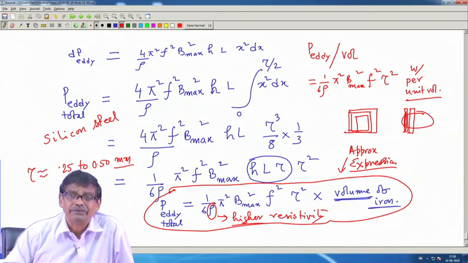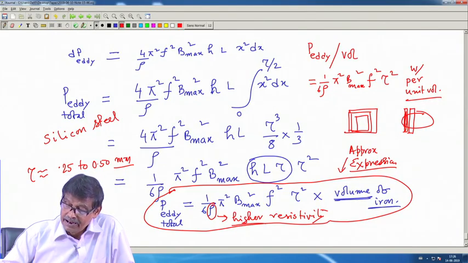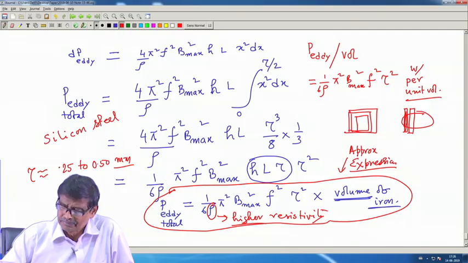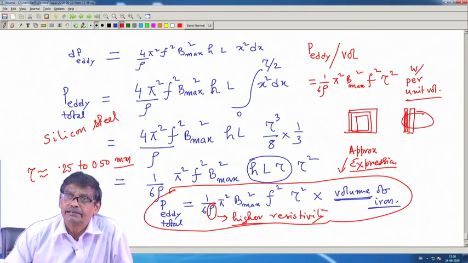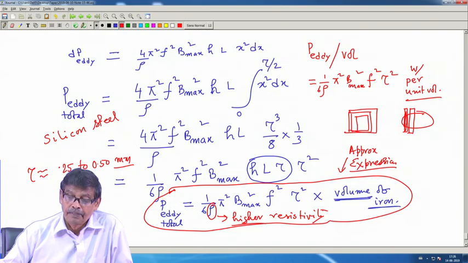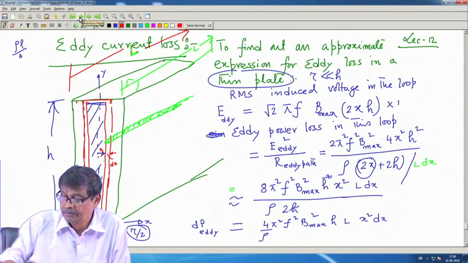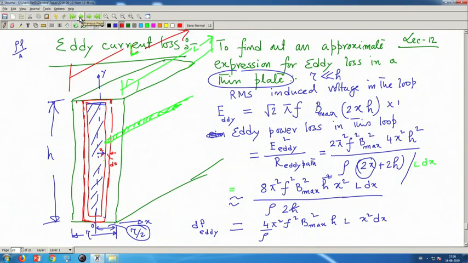And also try not to use too high a Bmax, which will also reduce it. And remember, it is proportional to frequency square. So, if the transformer rating is 50 hertz, based on that you try to make eddy loss as small as possible. So, please remember what was the logic, why this was necessary to derive.